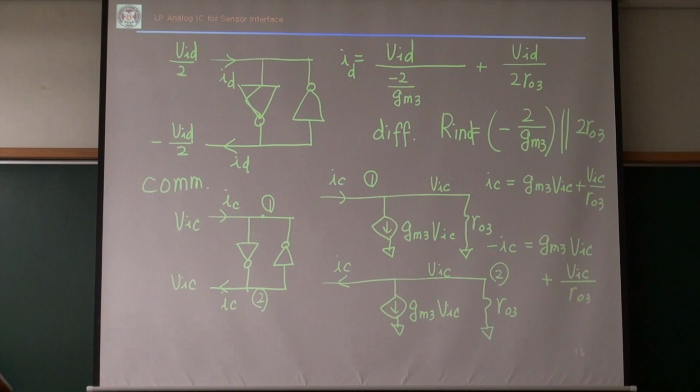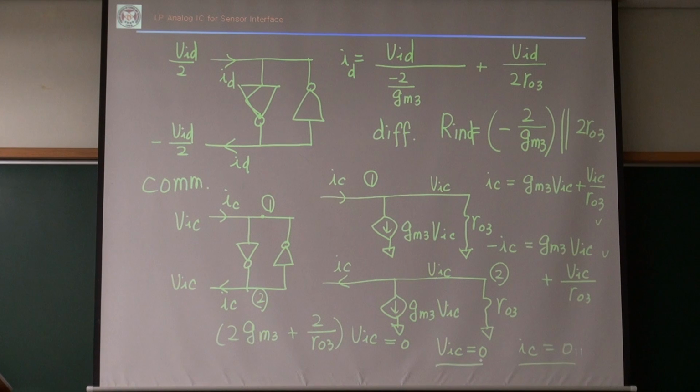If I add the two equations, they should give 0, so I have 2 gm3 plus 2 over ro3, times VIC, equals 0. Oh, very weird. My VIC should be 0, then my IC should be 0.